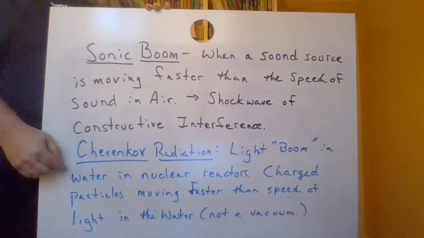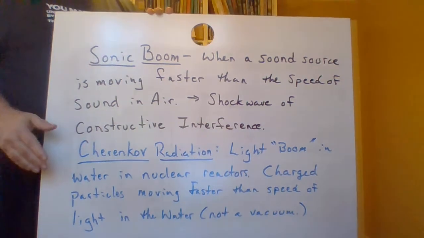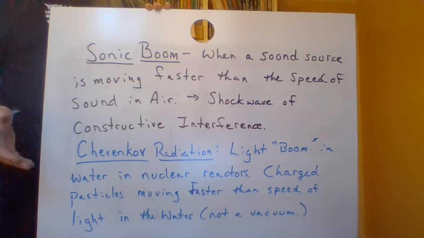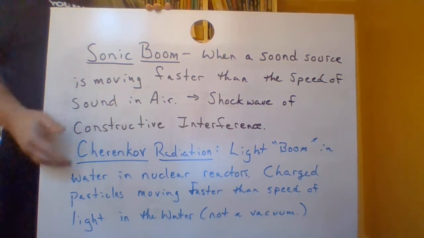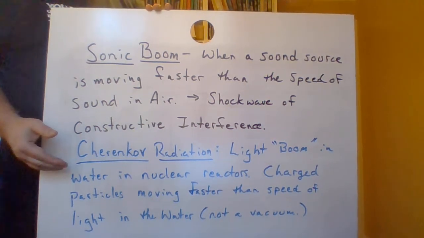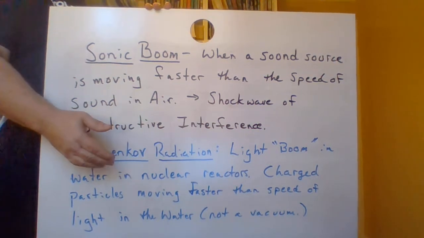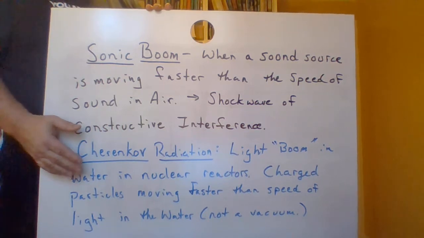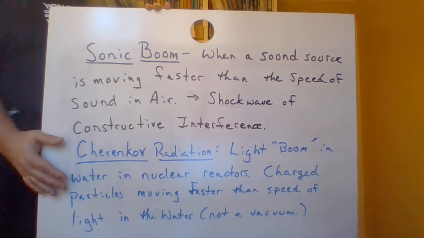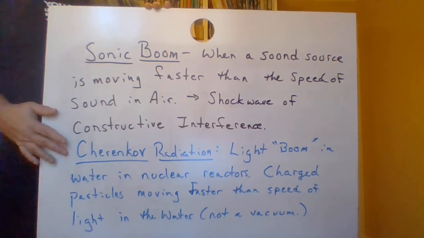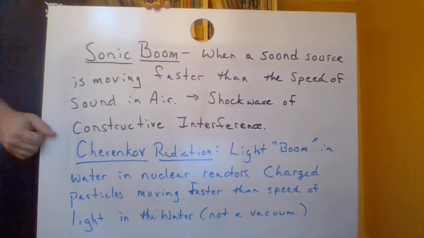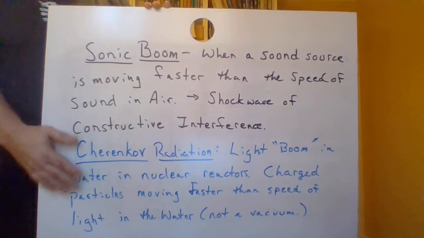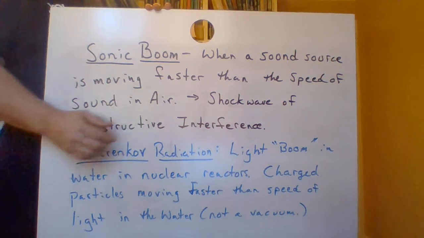And so if you have a beta particle zipping through water at, say, 280 million meters per second, it's going to create a shock wave moving through that water that is going to excite the water molecules and cause them to glow with this particular blue colored light. Okay, look up Cherenkov radiation and you'll see pictures of it from nuclear reactors and nuclear reactions. Okay, this is a light boom.